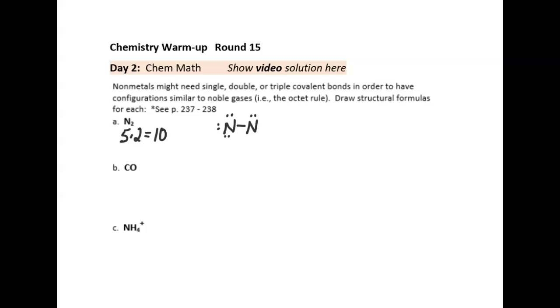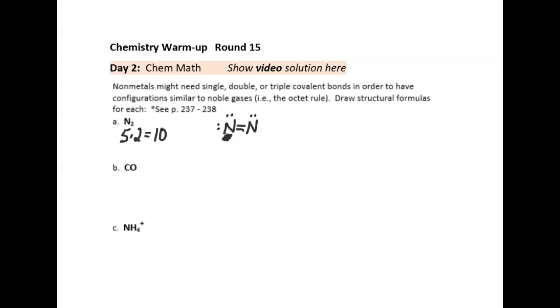For example, instead of putting 2 dots on the bottom of the N, if instead the 2 dots are shared in between the N's, then the nitrogen on the left side of the drawing still has 8 electrons associated with it, and the nitrogen on the right side of the drawing now has 6 electrons associated with it. It's still not an octet, but it's better than what we had before.